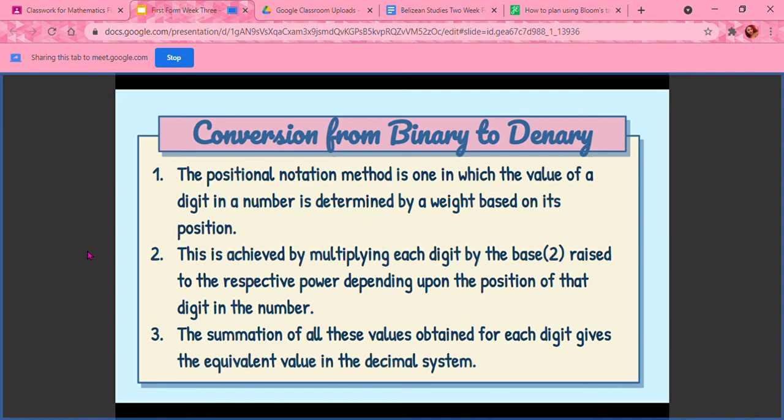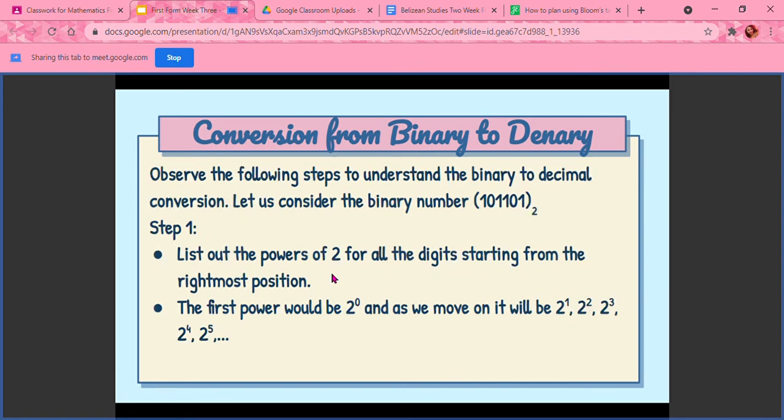The positional notation method is one in which the value of the digit in a number is determined by a weight based on its position. What I just said right now. So let's consider the binary number 101101 base 2. List out the powers of 2 for all the digits starting from the rightmost position.